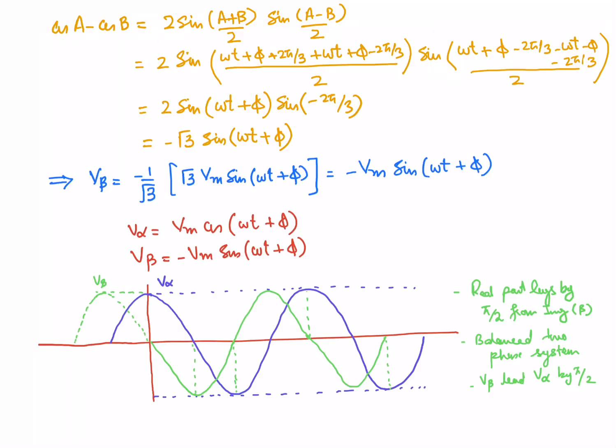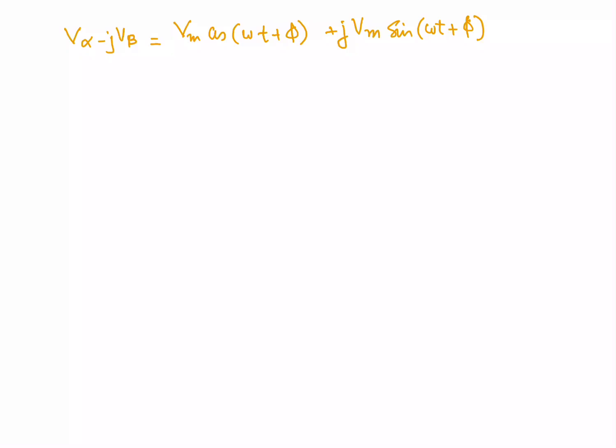From where have we got this equation? From here. Here you can see alpha and beta are defined, so I have picked this one. We have V alpha and V beta, so we can write down this equation, and from here I can simplify it.